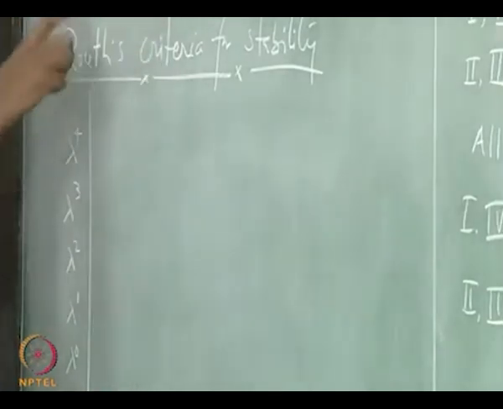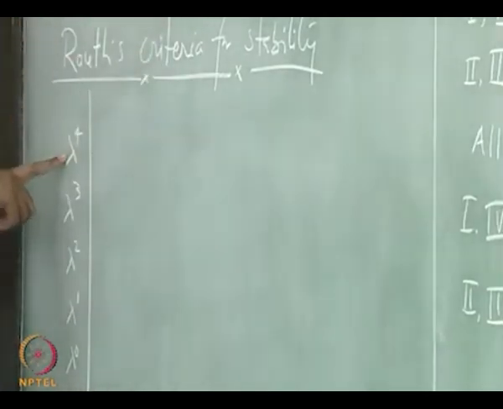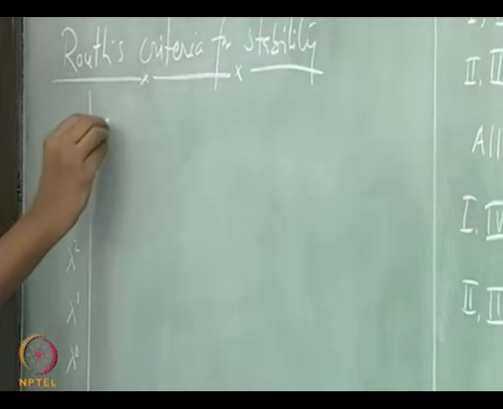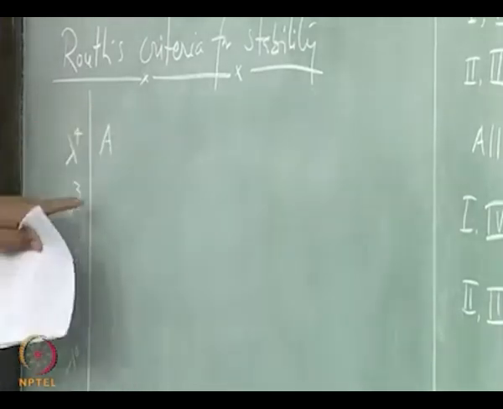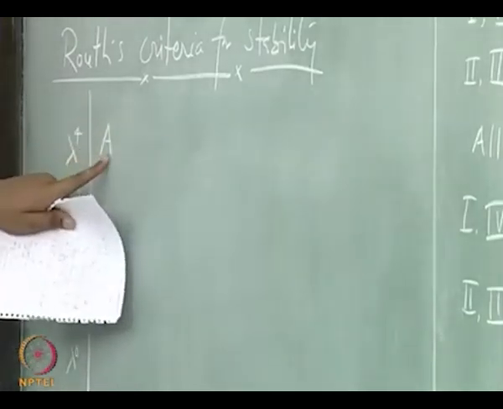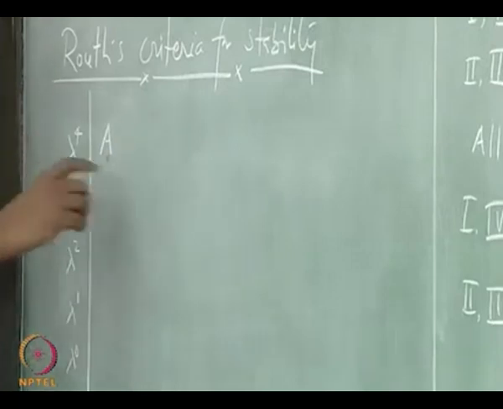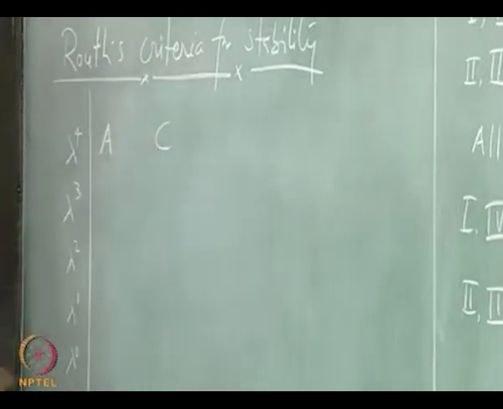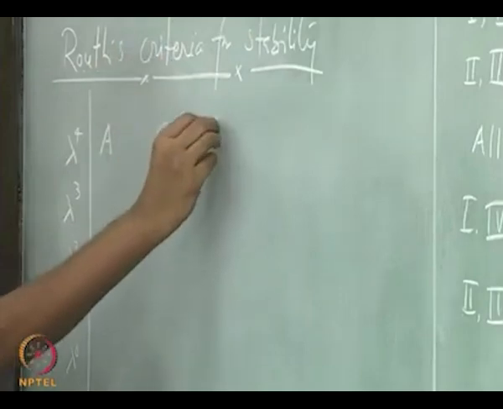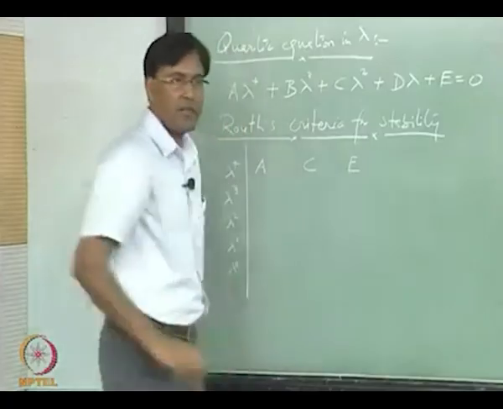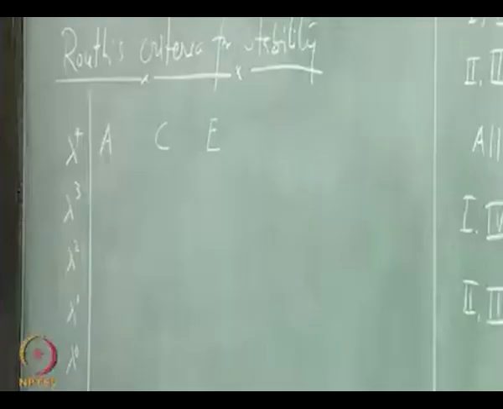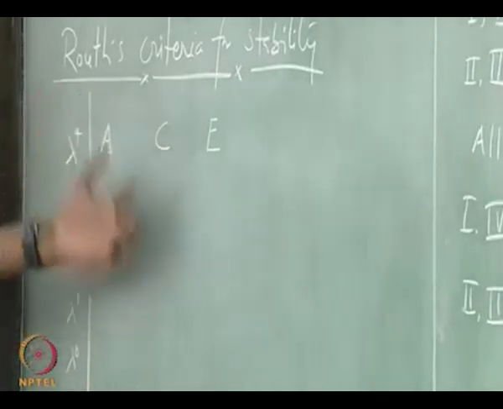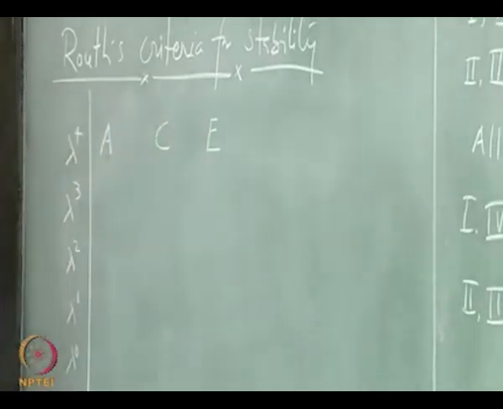So, first you start with lambda raised to 4, A is the first element here, then C, and this is how you have to construct the array, right. I cannot answer how he arrived at this, but this is how you should go about doing this.